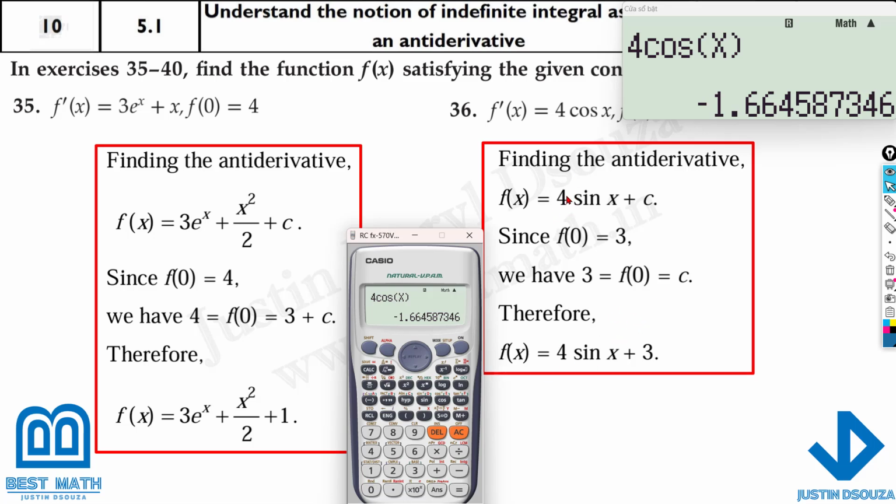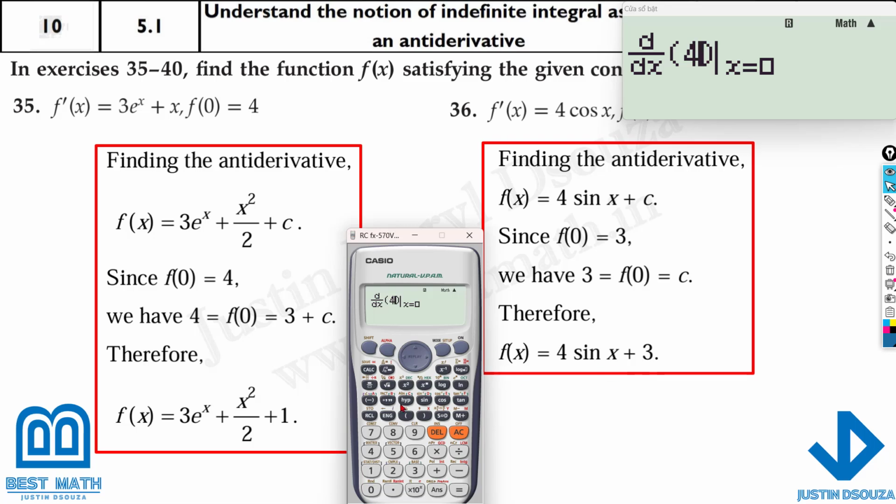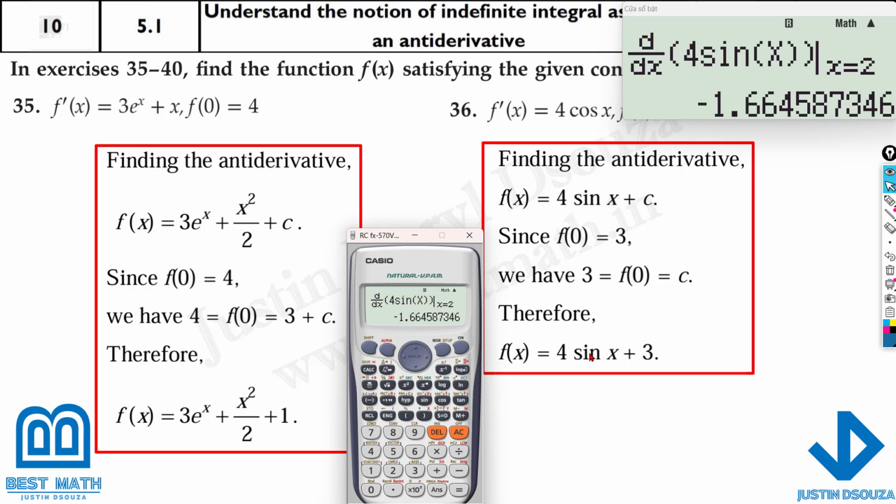Now, next thing, okay, this is the correct answer, right? Let me derive it. 4 sine x. I'm not going to put the constant. Even if I put it, it doesn't make a difference. It's the same answer. So this is correct. Now, if the constant is different, then I will see what is given to us.